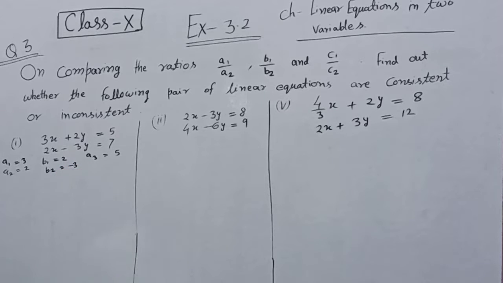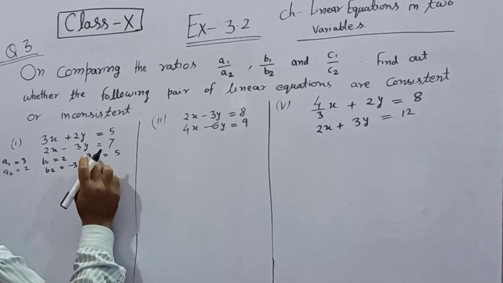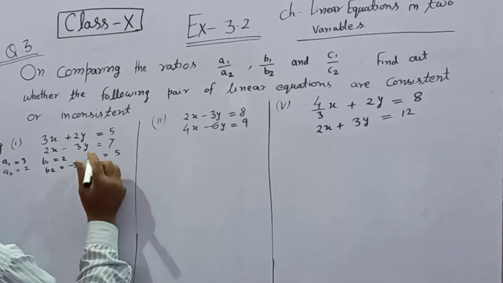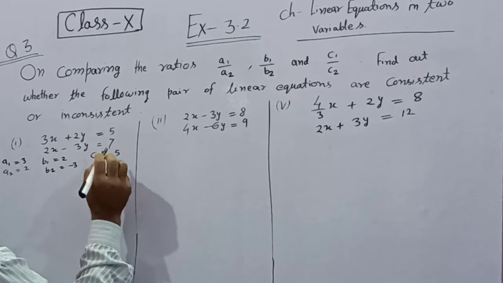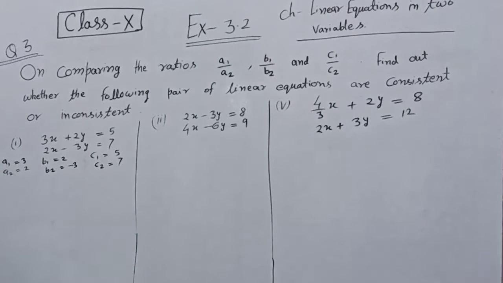We have to write the sign also, plus or minus. Here it is minus 3, therefore minus 3. And c1 is 5, similarly c2 is 7, right?